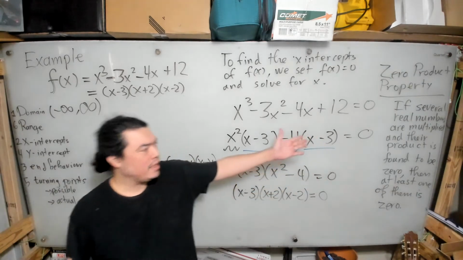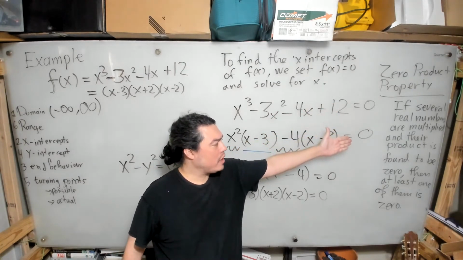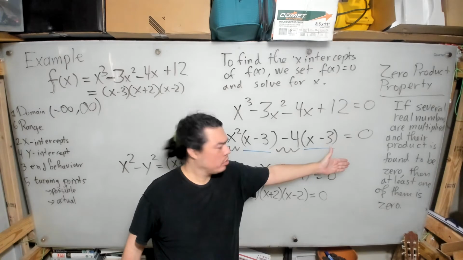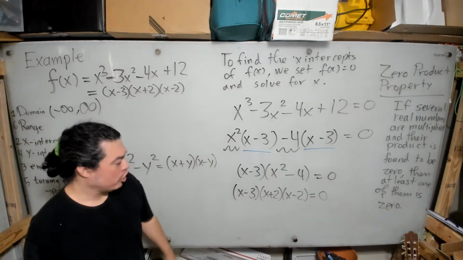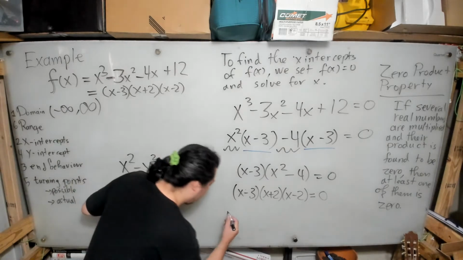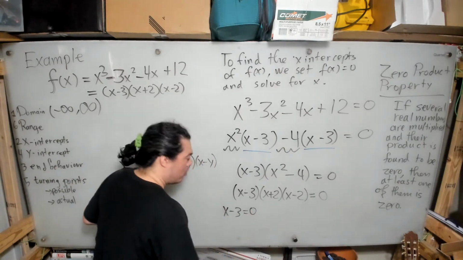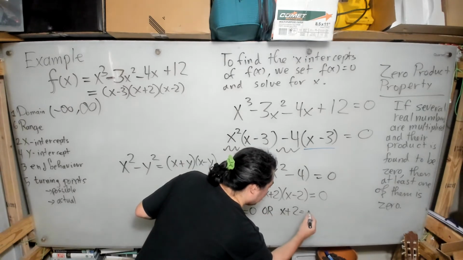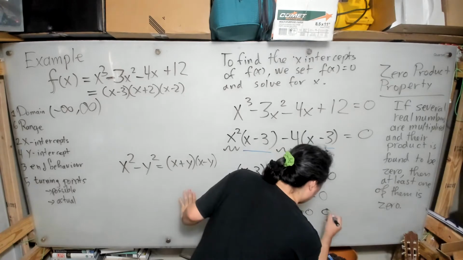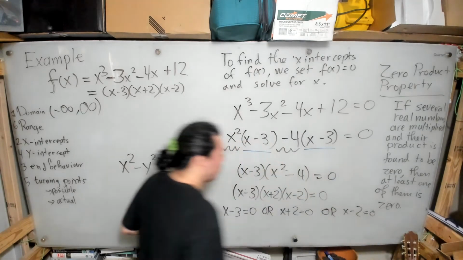If several real numbers are multiplied and their product is found to be 0, then at least one of them is 0. So in this particular case, I either have x minus 3 equals 0, or x plus 2 equals 0, or x minus 2 equals 0.